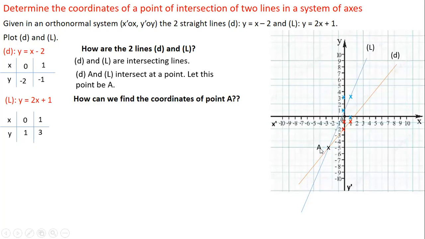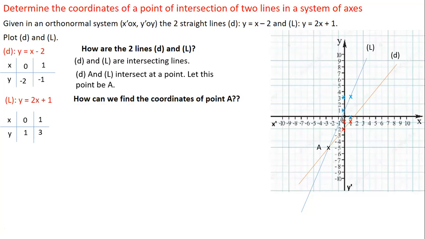A, as you can see, is the intersection between D and L. Amir: Can we say that point A belongs to line D or no? Yes.